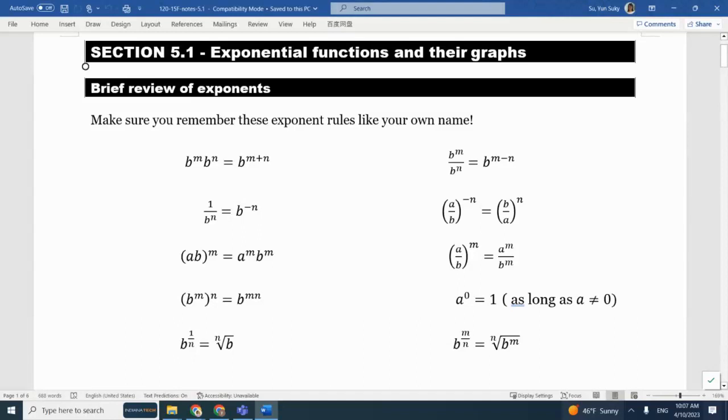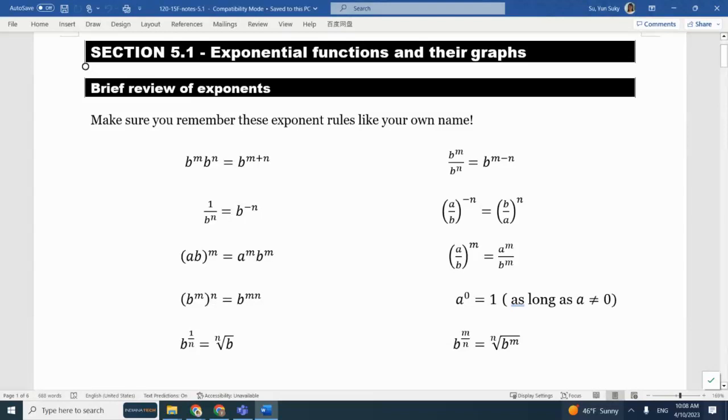We add the exponents. And b to the m over b to the n is b to the m minus n. If it's division with the same base, we subtract the exponents. If it's a product with the same base, we add the exponents.